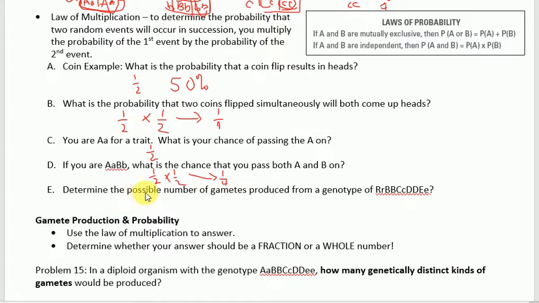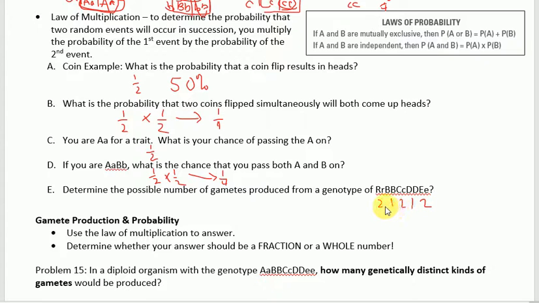Okay, so here, determine the possible number of gametes produced from a genotype. Here we have 2 big R's, 2 big B's, so that's one of the same, 2 C's, 1 D, 2 E's.